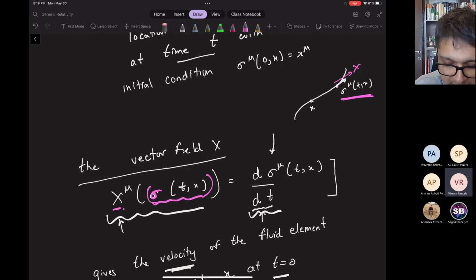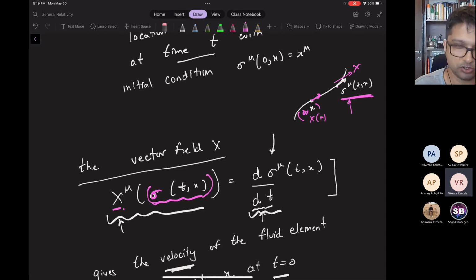You want to define this X at this point? Yes, sir. Because we are defining the slope d sigma mu over dt at the point t, x. Yeah, so the point is this one. This is the point x at t equals 0.